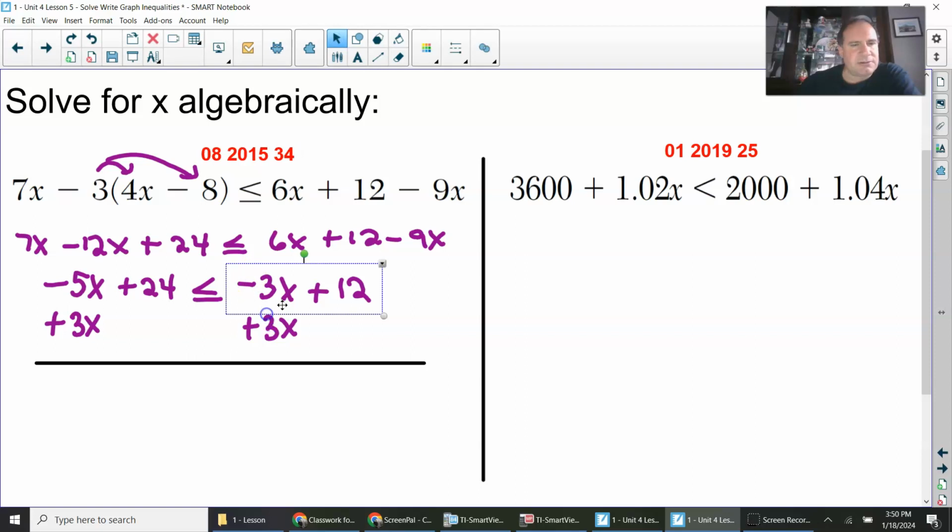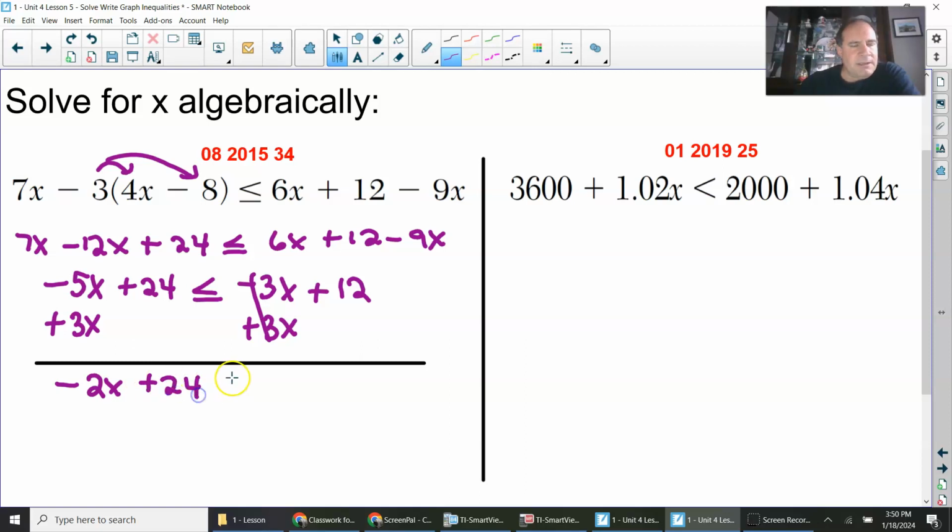So this cancels. The 3x's cancel, and this becomes -2x plus 24. The inequality symbol comes down, and this is 12.